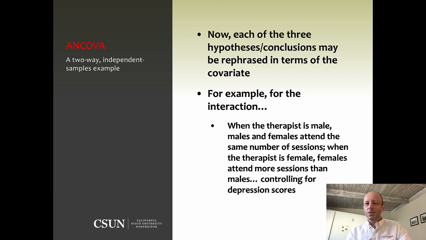So an interaction result in this case could be that when the therapist is male, males and females have the same number of sessions. When the therapist is female, females attend more sessions. That would be an interaction in this case. And then if that's all true while controlling for depression scores, then you have a two-way ANCOVA interaction effect. So let's look at this in SPSS.